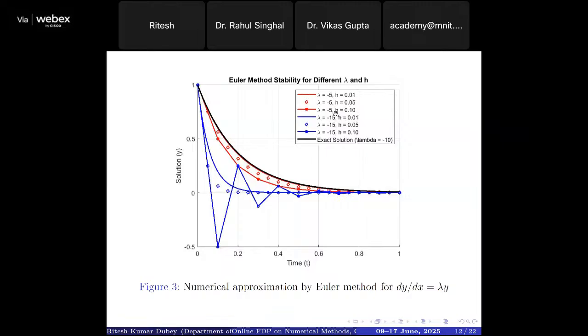But when you are taking h equal to 0.1, 10 times bigger than the previous value, then it is drifting away from the exact solution.